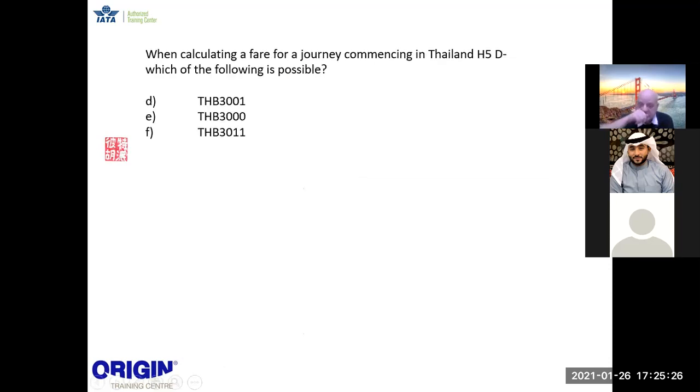Right, when calculating a fare for a journey in Thailand, the highest 5 decimal 0. Which answer is possible? If it has to end in 5s, could it be A? Could you end in the number 1?